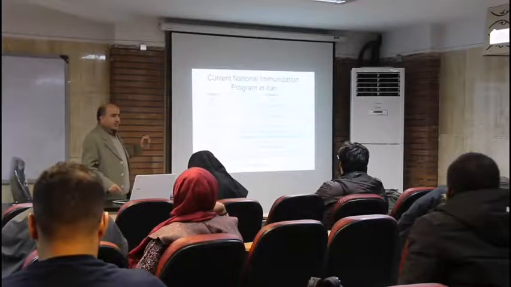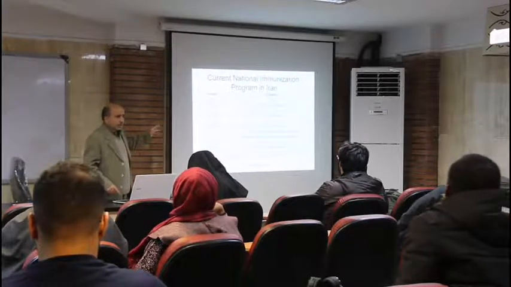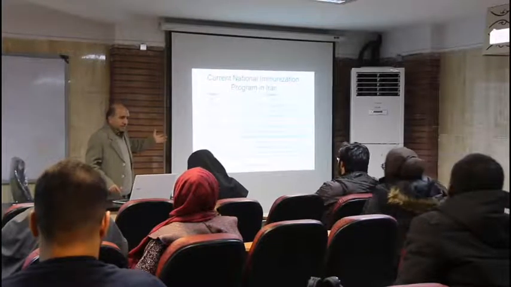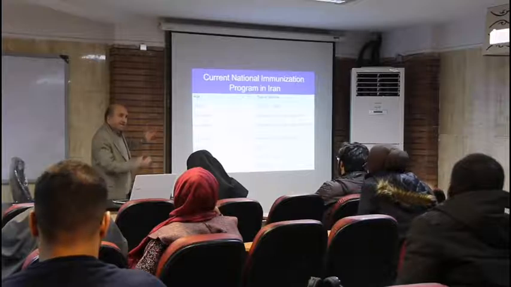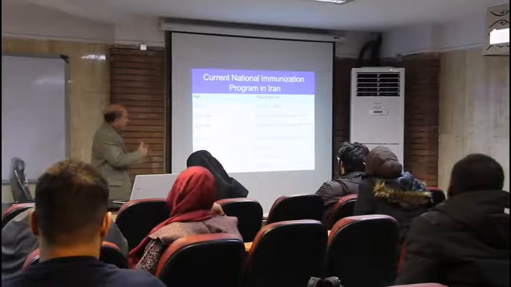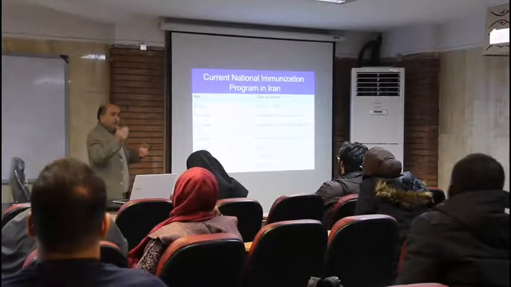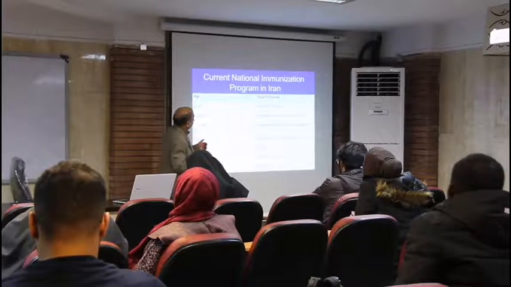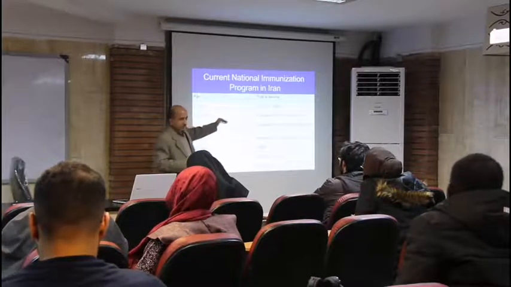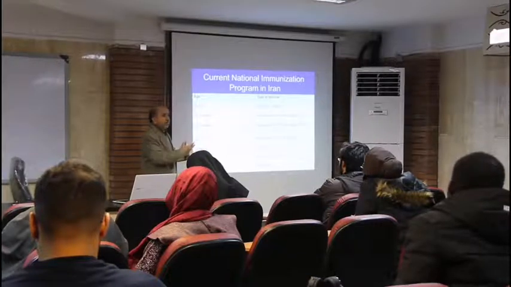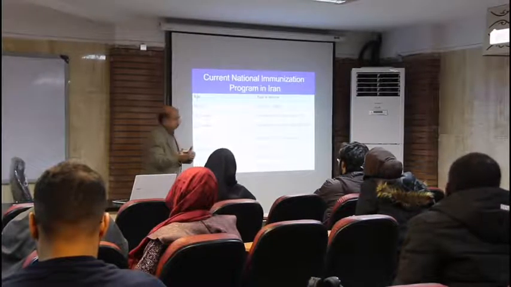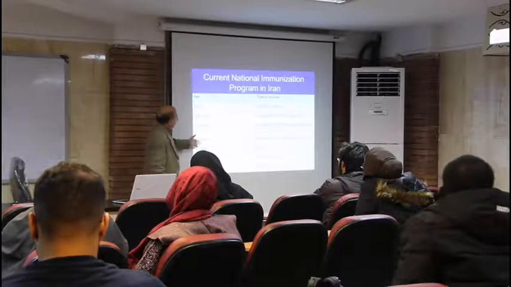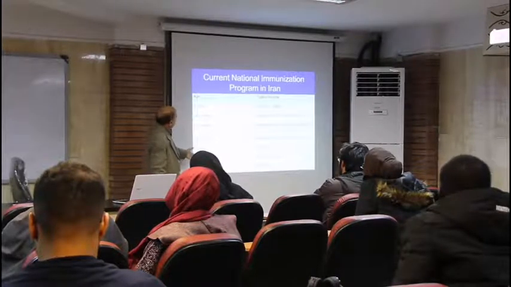My friend showed this slide, so I won't explain it in detail. We can go to another slide. It's another approach. My friend introduced based on the vaccines, but here I'm going to introduce based on age. As you see, we have two columns.